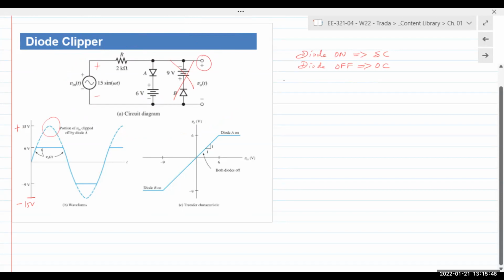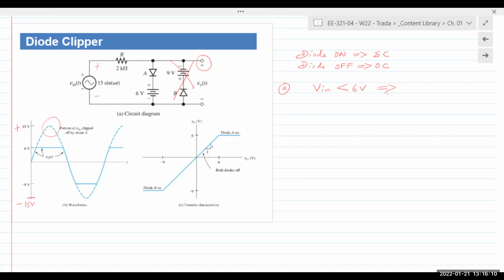So as long as V in is less than 6 volts, what happens to the diode? Cathode is at 6. If the incoming waveform is less than 6, what happens? It's reverse bias. Diode is off.